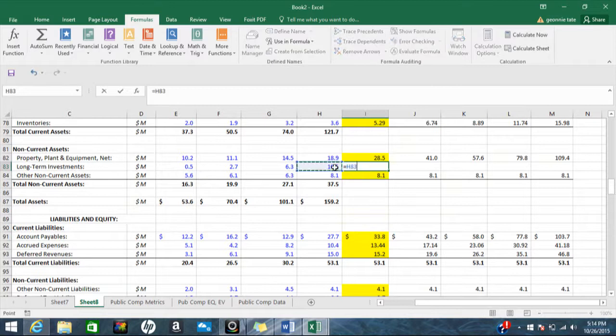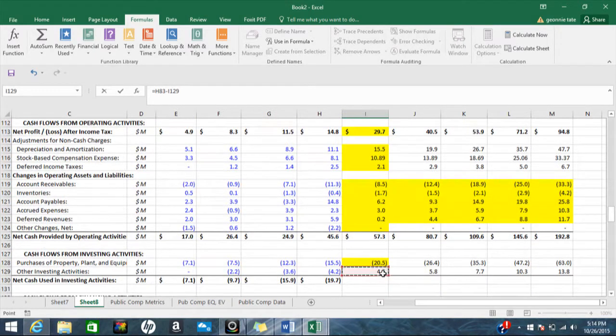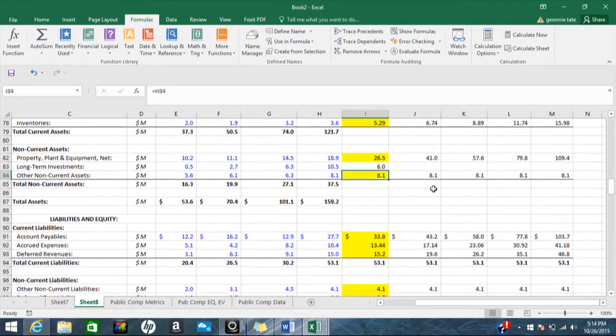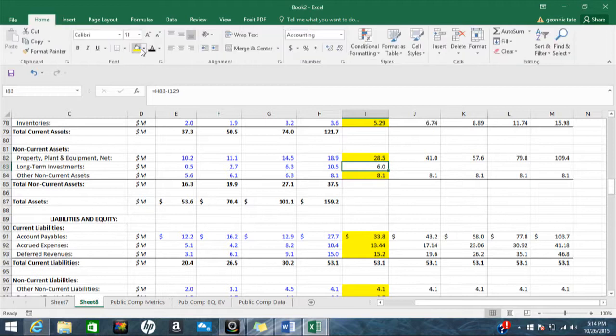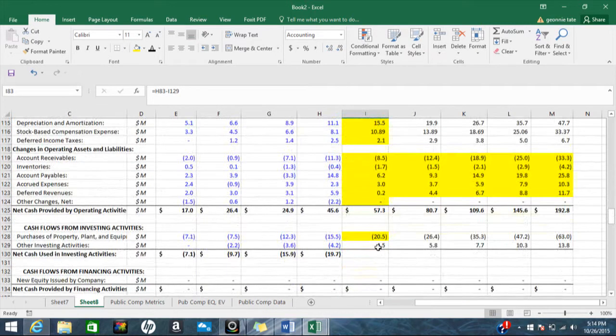And since it's an asset, I'm taking my old number, subtracting the new number. I like this because I used it already.